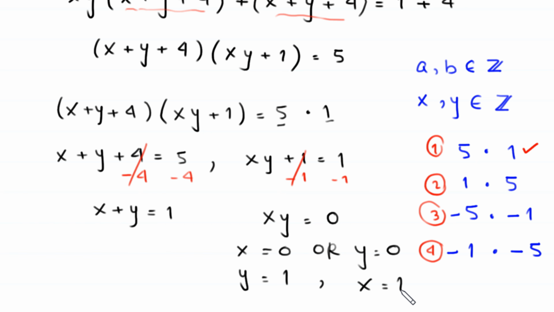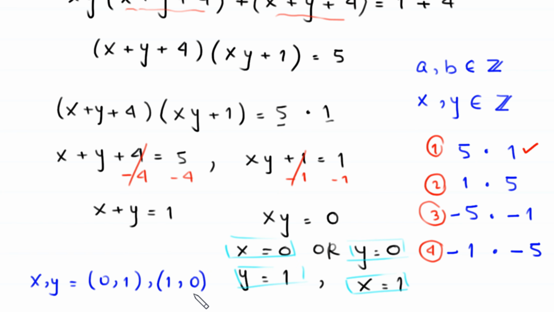So for x and y we get two pairs, x comma y equal to, the first pair is 0 comma 1, and the second pair is 1 comma 0.